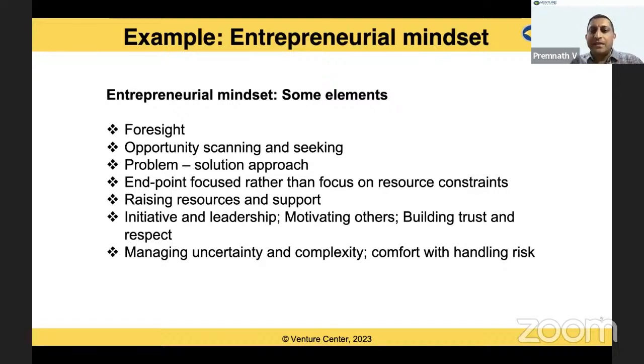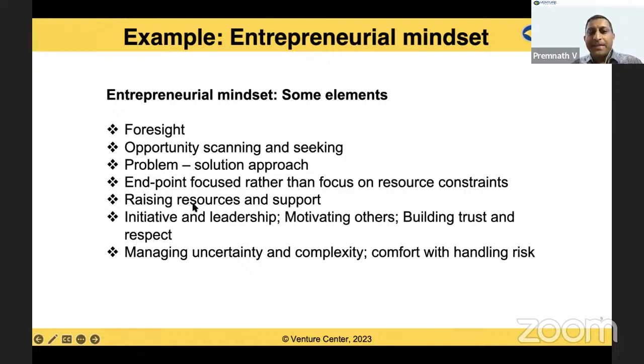And this is a big mindset shift that is needed very often to be an entrepreneur. That means you just want to focus on what you want to achieve, and not on how all you're constrained in achieving that. So there's a positive take on goals in life, which is again a mindset shift.